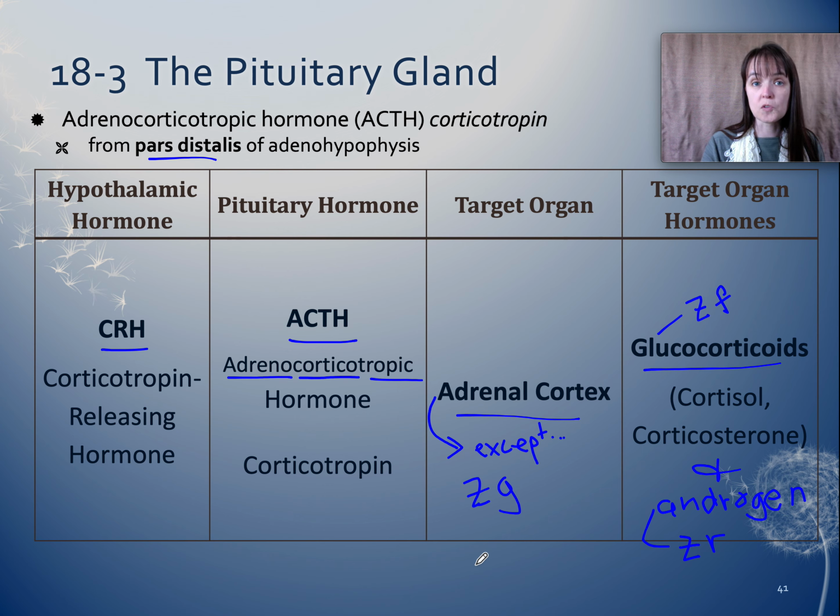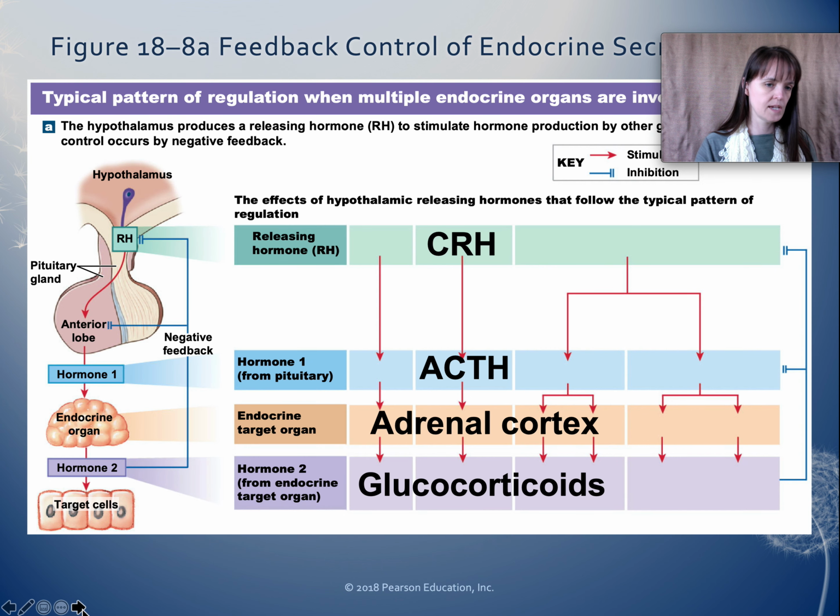Remember, the humors are the fluids and these are the hormones. So the glucocorticoids and the androgens are under hormonal control, but the zona glomerulosa is not. We'll get there. Next, inhibition. Lots of glucocorticoids inhibits CRH.